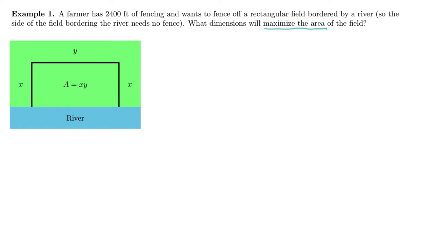So here I'm just stating my objective function: maximize A equals X times Y, the area of the field, where X is this length coming out from the river, Y is the length going along the river, so the area is X times Y.